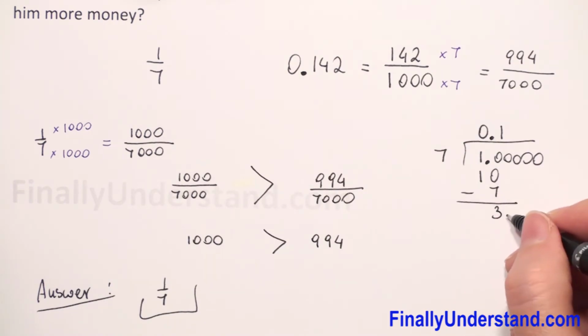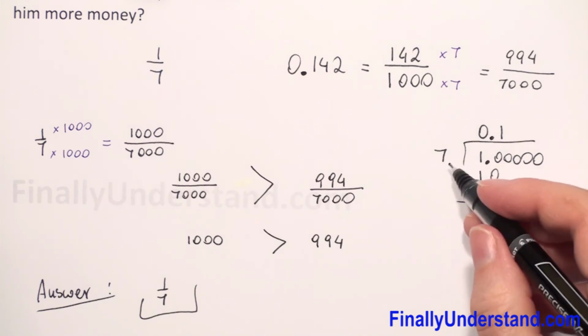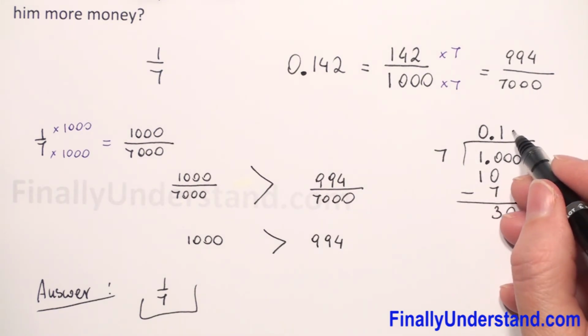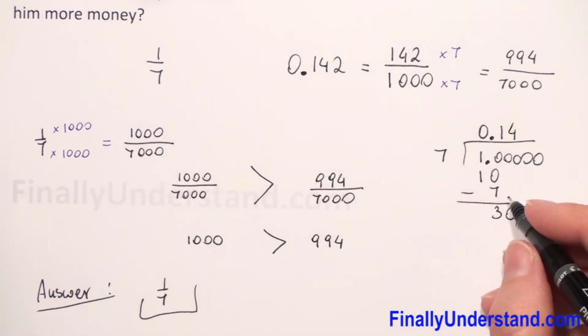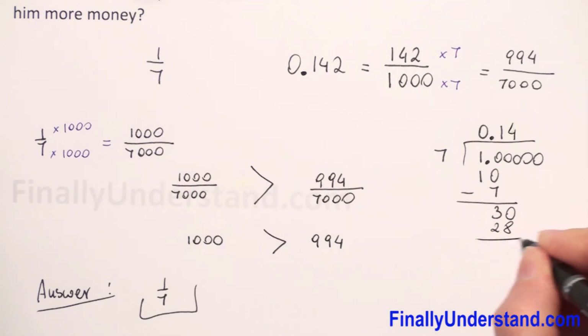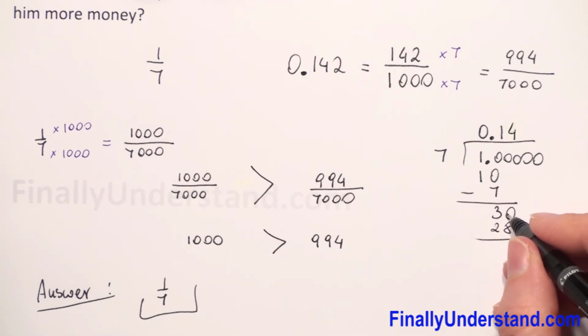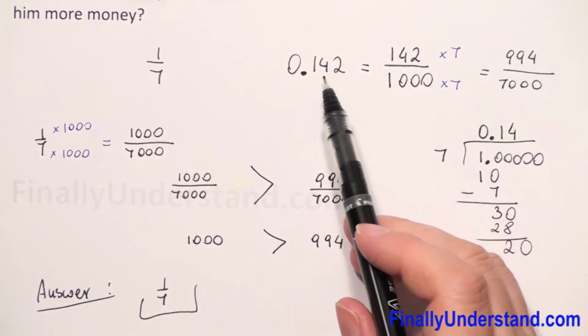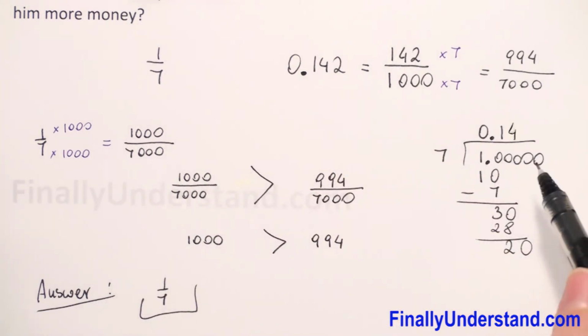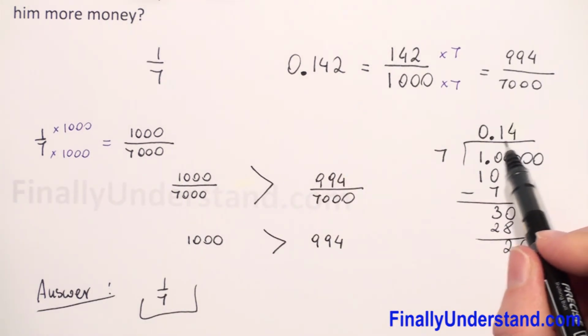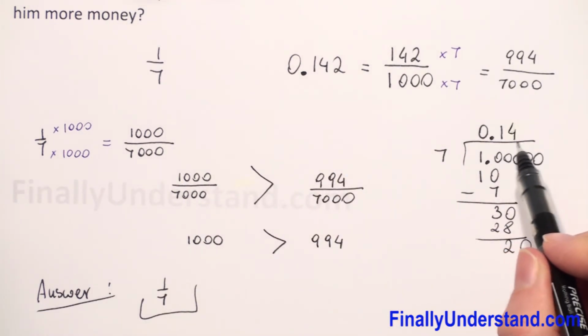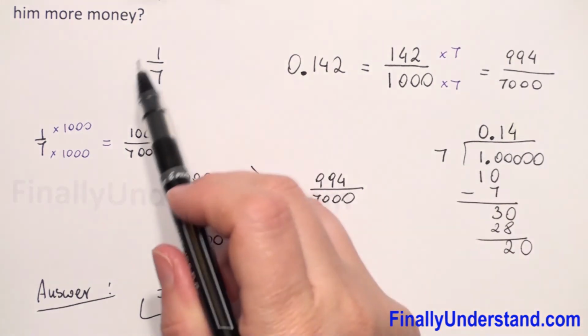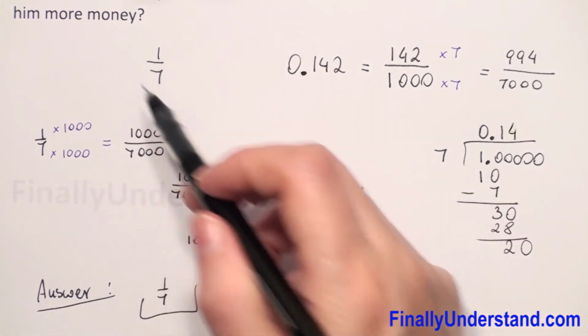Again, we have to take down 0. And now 30 divided by 7 is 4. 4 times 7 is 28. 30 minus 28 is 2. And again, we can take the next 0 down. Because we have here 3 digits after the decimal point, we want to get at least 3 digits from this fraction.